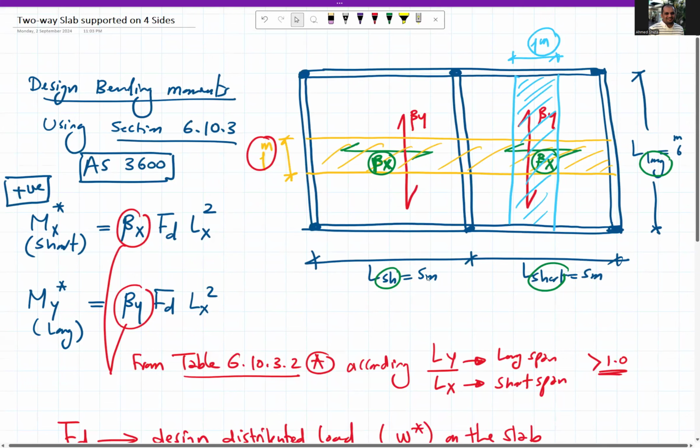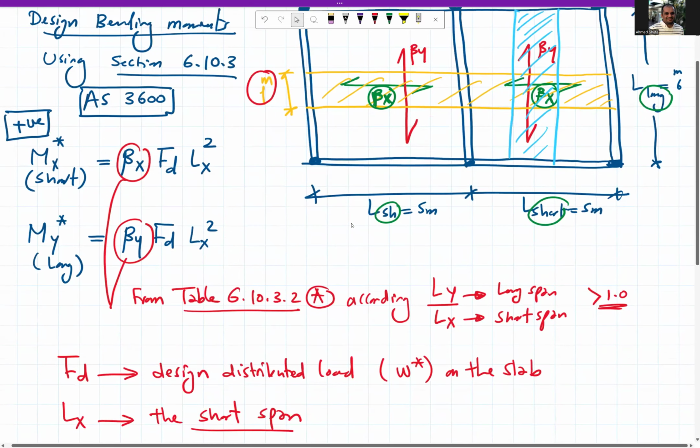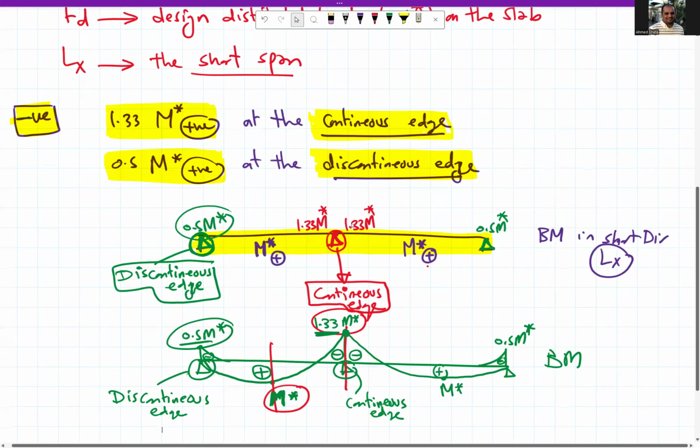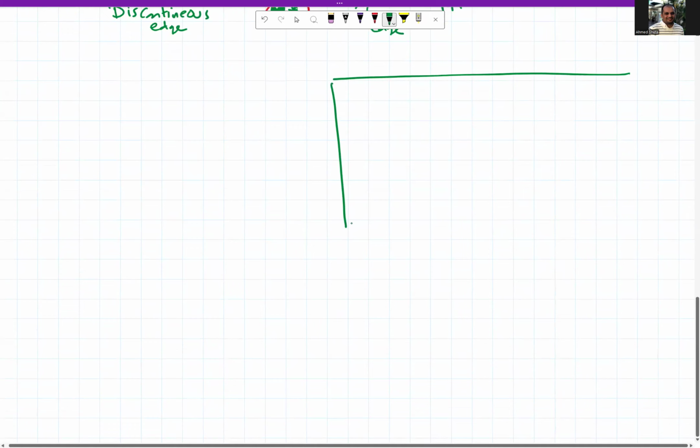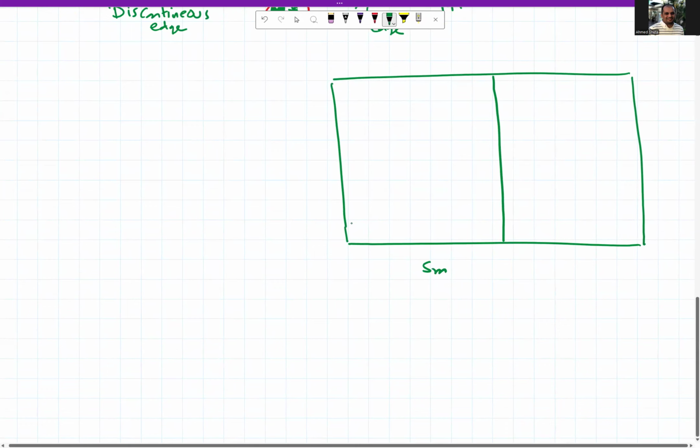So now if we want to find the bending moment factor, for example, what should we do? We have our slab like that: 5 meter, 5 meter, and this one is 6 meter.